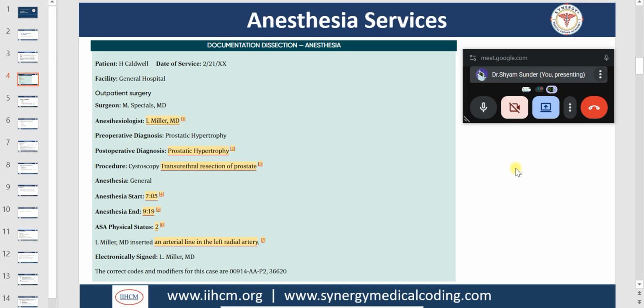But your anesthesia codes depend upon surgery codes. In some facilities, if it is a small center, one coder has to apply codes for surgery and at the same time for anesthesia service also. That's possible. But when you are dealing with this topic, please remember your focus is on anesthesia codes, not on surgery codes.